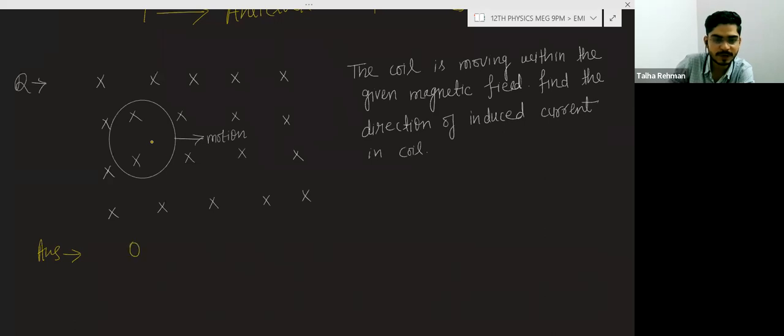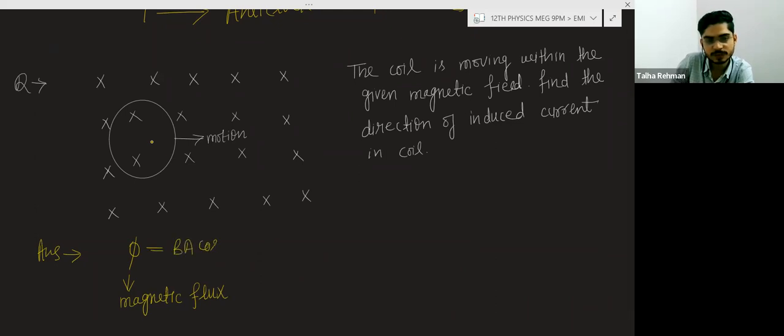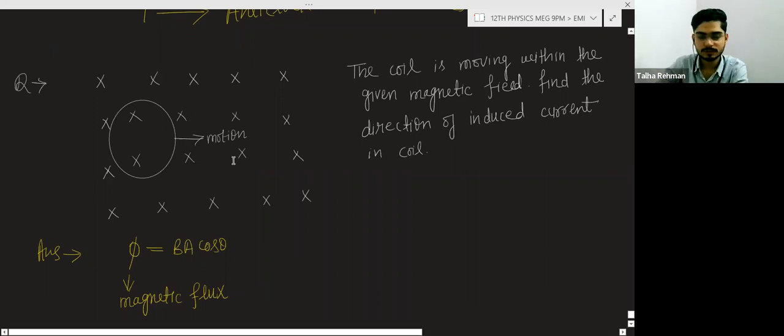So you can say phi is the magnetic flux, given by magnetic field into area into cos theta. The area of the coil will not change, theta will not change. All the things will remain the same.